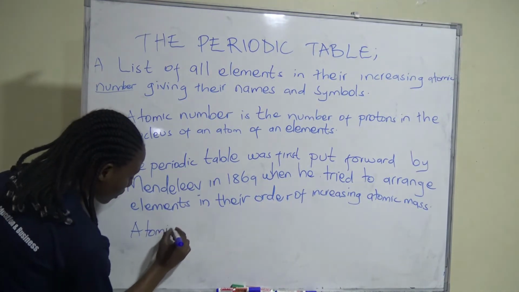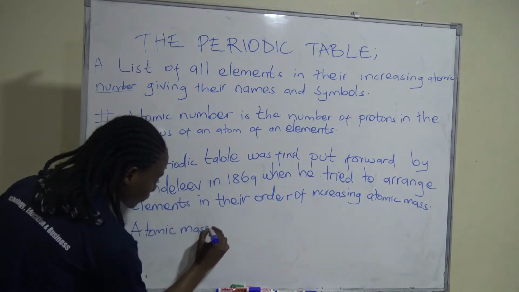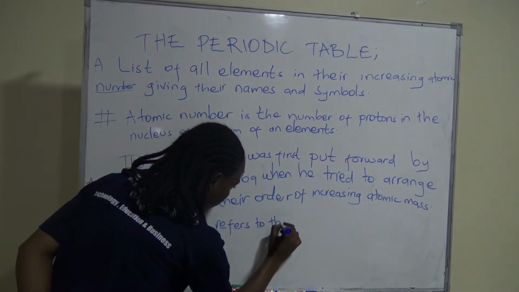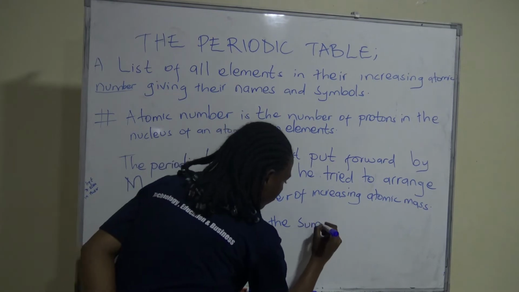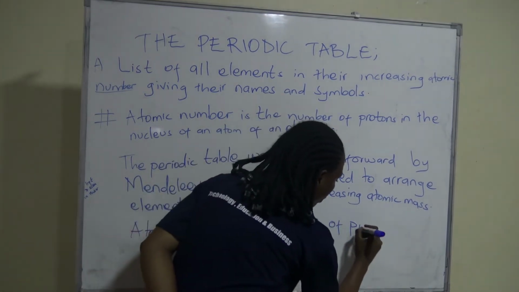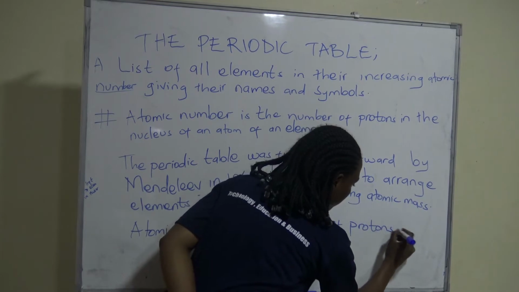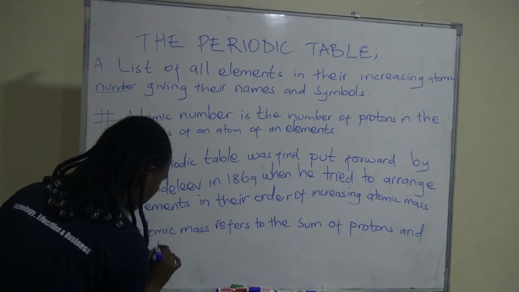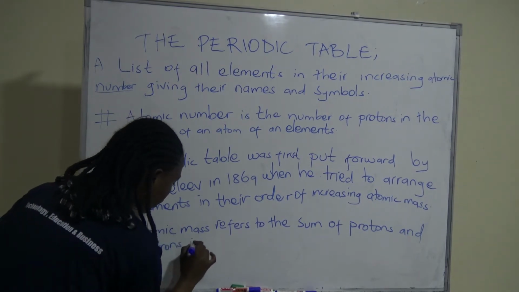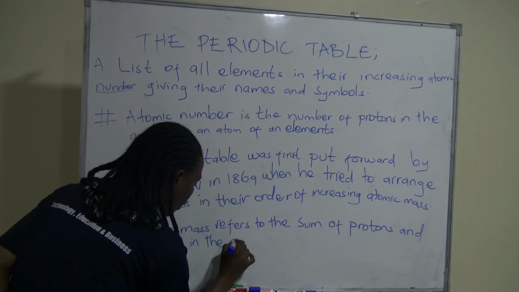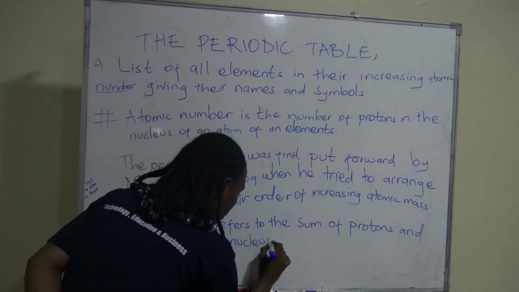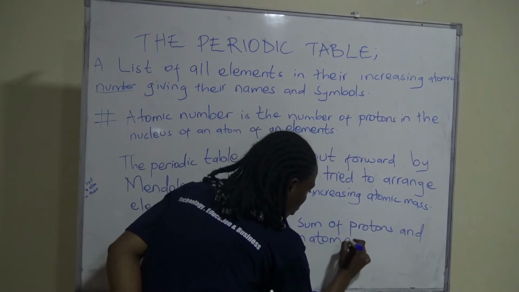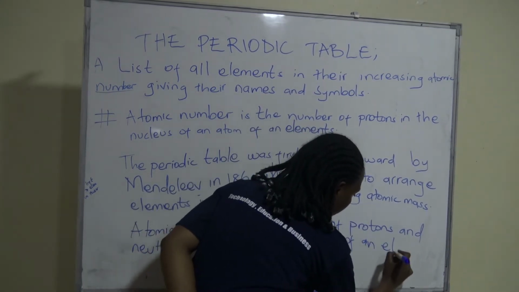Atomic mass refers to the sum of protons and neutrons in the nucleus of an atom of an element.